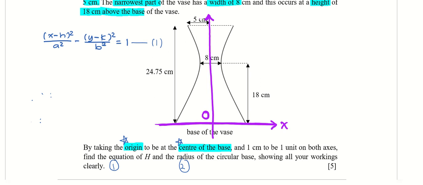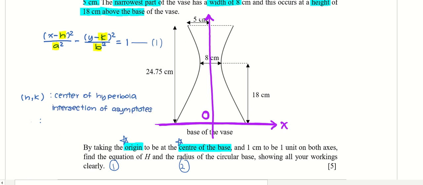My main aim will be to find what my h, k, a, and b are. Let's try to interpret what h, k, a, and b stand for. In particular, (h, k), if you recall, is the center of the hyperbola, or we can also say it's the intersection of your asymptotes. So where is the center of the hyperbola?